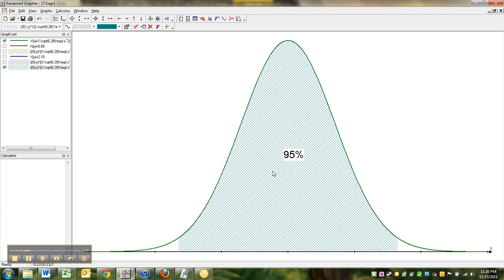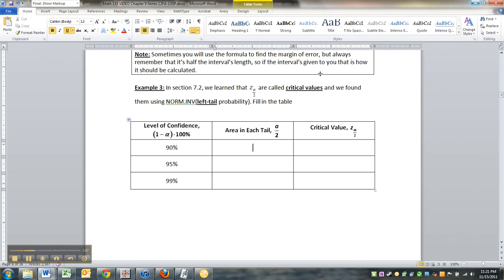And okay, there we go. So if the middle is 95%, then what does that leave you in each of the tails, right? Well, remember that the entire curve, because it's a probability distribution learned in chapter 5, has to add up to 1, right? So 1 minus 95% would be 0.05.